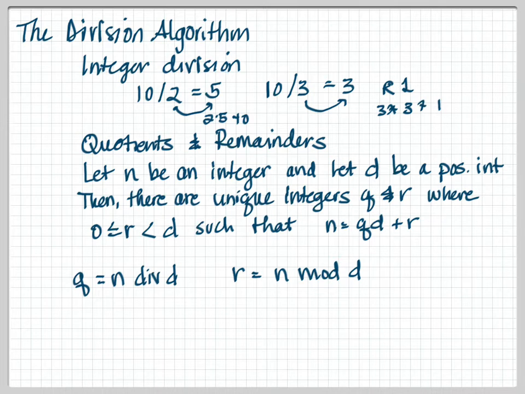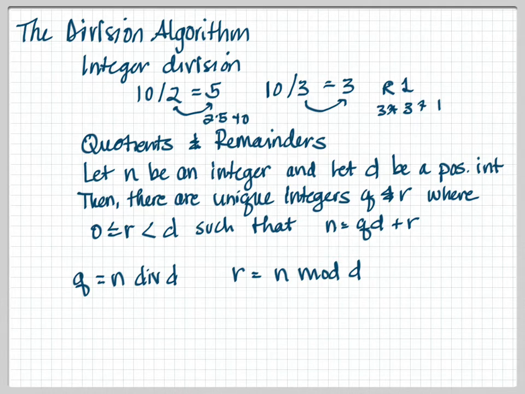The next part in the book on this section is quotients and remainders. Let n be an integer and let d be a positive integer. Then there are unique integers q and r, where r, the remainder, is greater than or equal to 0. As you can see, in the first problem it was 0, the second problem was 1. But it's also less than the divisor.